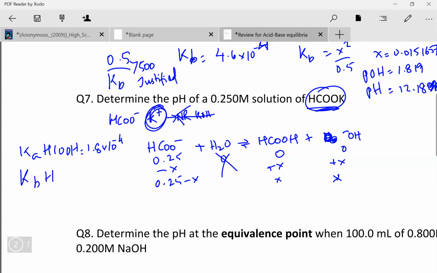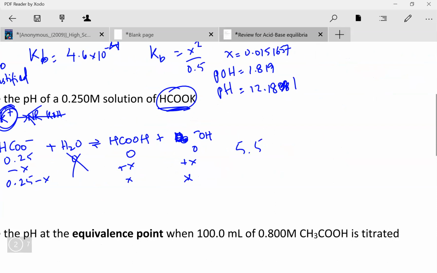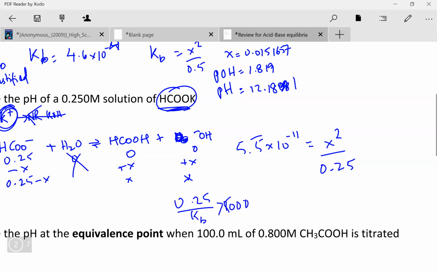Therefore Kb of formate ion will be Kw divided by the Ka, which is 1 times 10 to the negative 14 divided by 1.8 times 10 to the negative 4, which is 5.5 bar times 10 to the negative 11, which we will now use to be equal to x squared divided by 0.25. Of course, I still have to do my 0.25 divided by Kb is greater than 500, therefore justified. So I can get rid of this minus x.